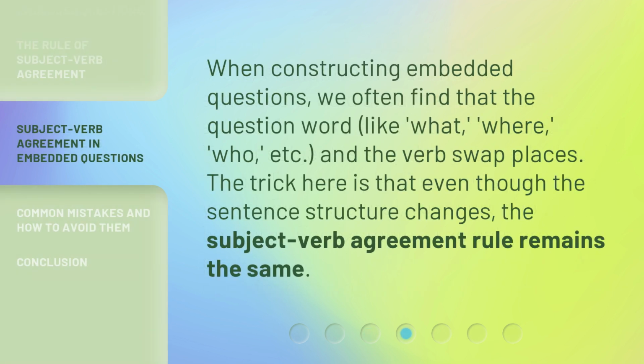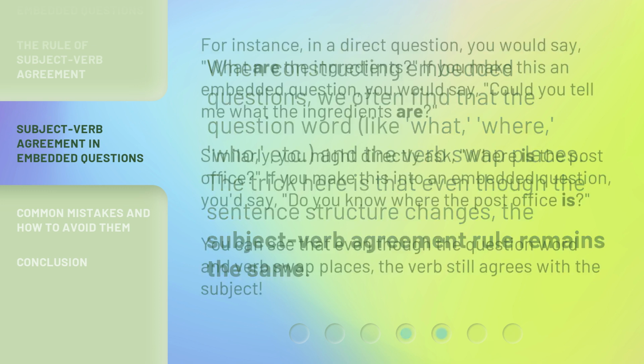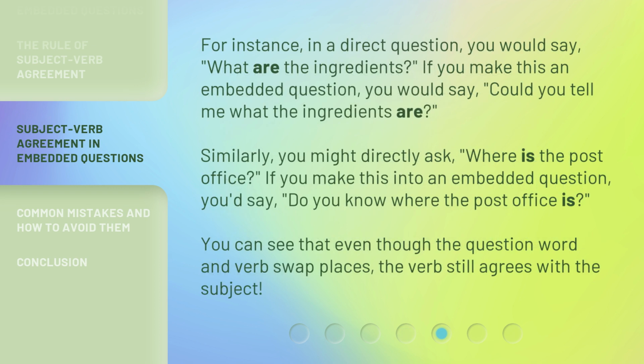When constructing embedded questions, we often find that the question word, like what, where, who, etc., and the verb swap places. The trick here is that even though the sentence structure changes, the subject-verb agreement rule remains the same. For instance, in a direct question, you would say, "What are the ingredients?"